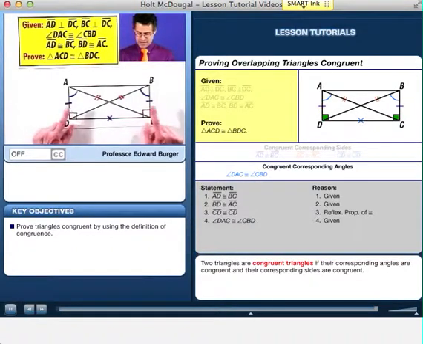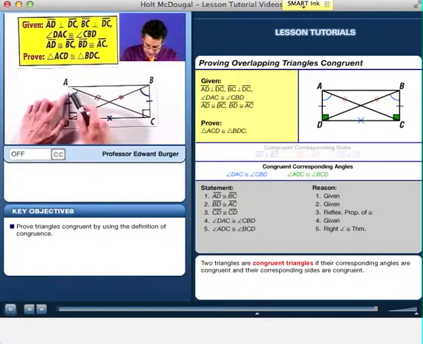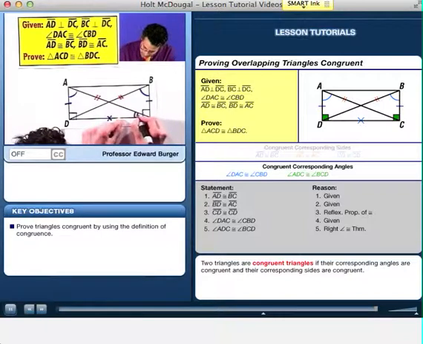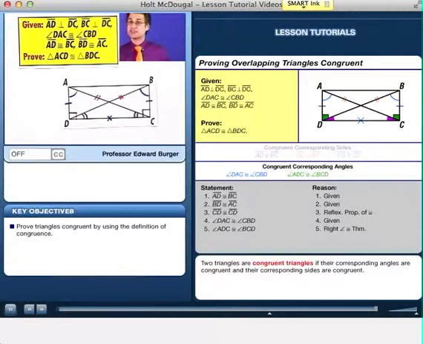So these two angles are congruent. Now what about the third angle? Where is that third angle for each of them? Well, one third angle, if you look closely, is right here. It's that little sliver piece. And the third angle of this triangle is this little sliver piece. Now, are those two angles the same, and if so, why?